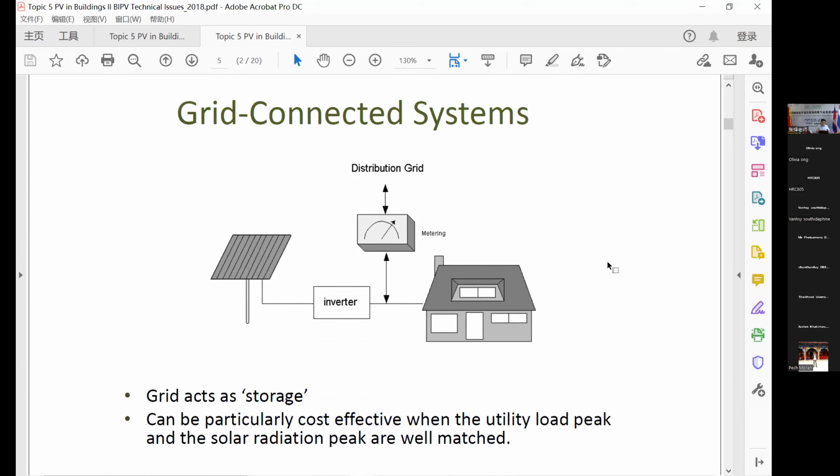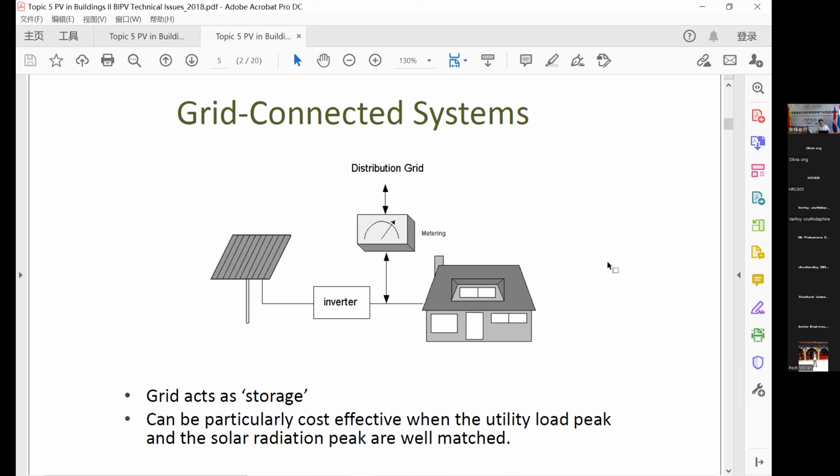Normally the standalone system is used in areas with no grid, or in very remote areas which cannot access the grid at all.